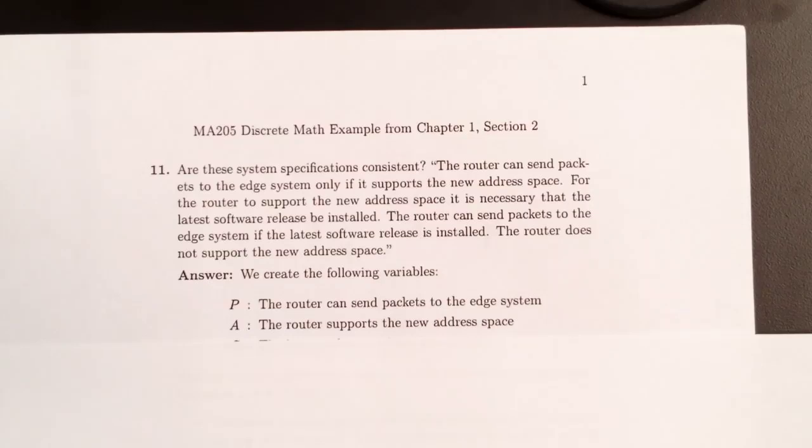For the router to support the new address space, that's part of A. It is necessary. Page 7 again, that big table of arrow things, that's part of an arrow. The latest software release be installed. So I need to know if the latest software is on the router.